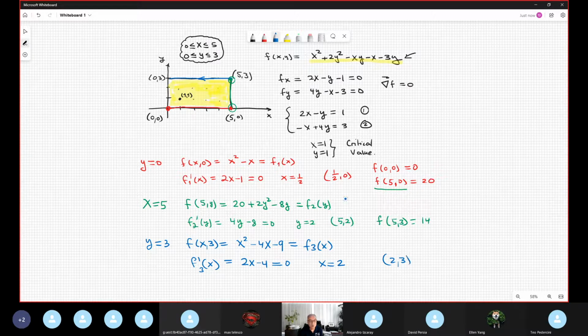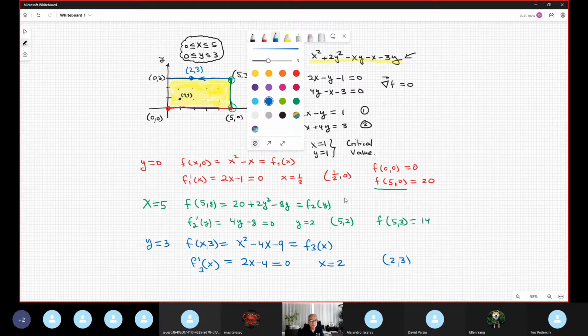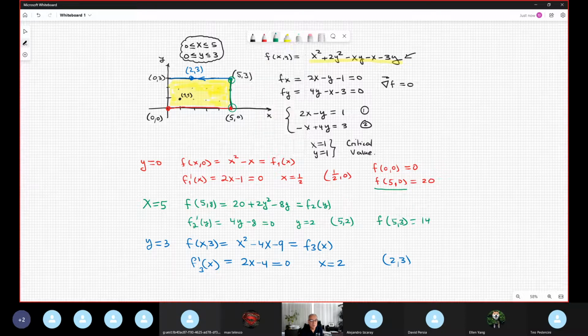2,3, no? 2,3 is approximate here. Let me mark the point 2,3. I forgot 5,2. 5,2 is green. And here 5,2. This is an important point I need to consider in the last moment to evaluate the function.